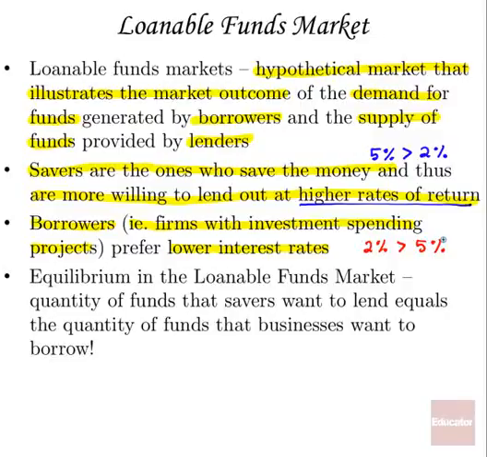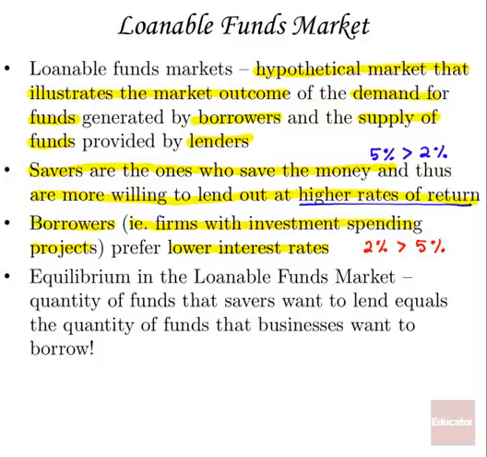If the interest rates are lower, it's more likely that a firm is actually going to build it. If they have to borrow money to come up with the project and the interest rate is 10%, it just makes things a lot more expensive. And so lower interest rates are going to be better for borrowers, or demanders, of these loanable funds.